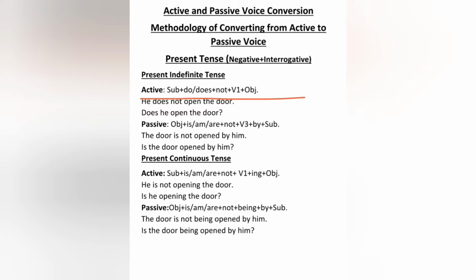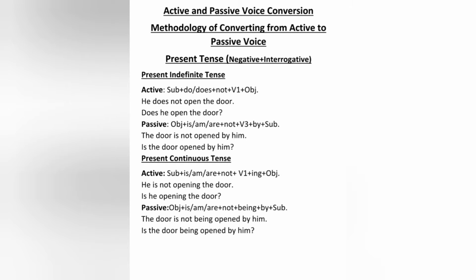Subject, do, does, not, plus first form of verb with object. Now we used S or ES with first form of verb in affirmative sentences. Now this S or ES will be replaced with do or does with an additional not to make the negative sentence of it.